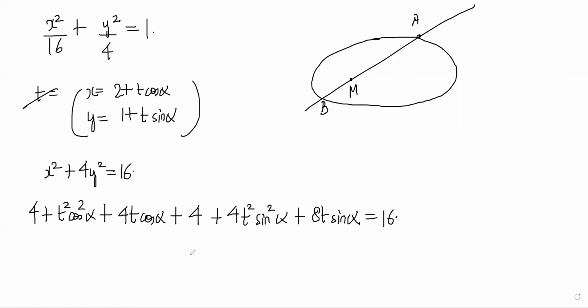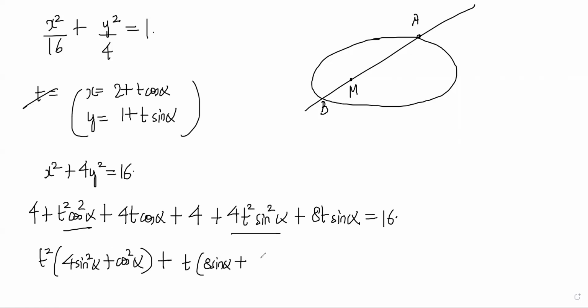This is my equation. So if you take t square common, you're getting t square into 4 sine square alpha plus cos square alpha, plus, if you take t common, you get 8 sine alpha plus 4 cos alpha, and you get minus 8 equal to 0.